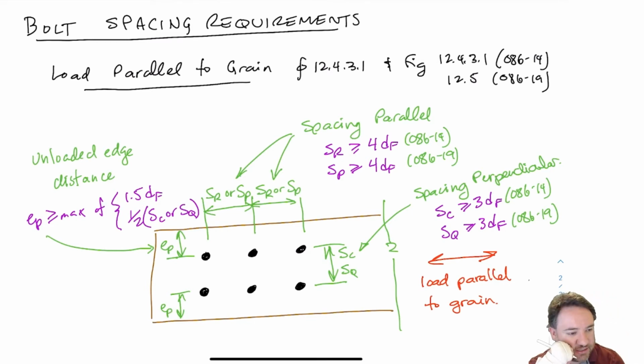So that is EP, the unloaded edge distance, and it is the maximum of one of 2 values, either 1.5 times the fastener diameter, the bolt diameter, or half of the perpendicular to grain spacing. Okay, and I say SC or SQ because it depends on which standard you're using for what the actual symbol for that is.